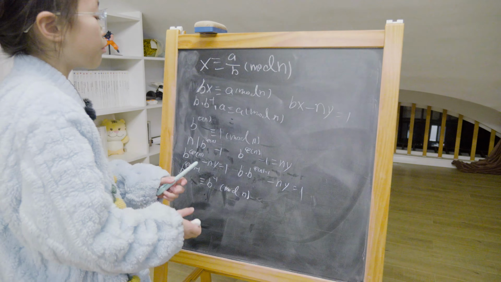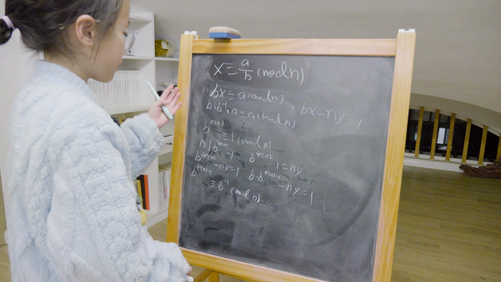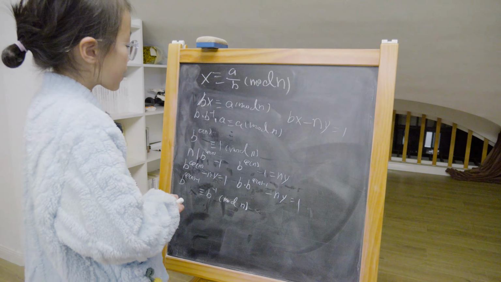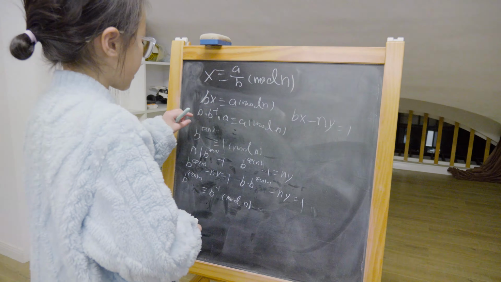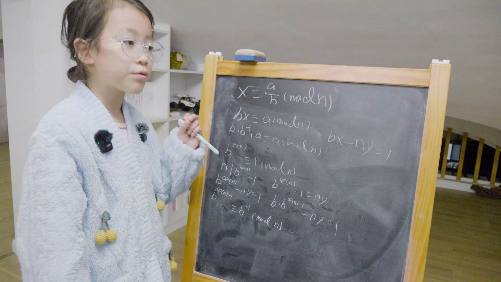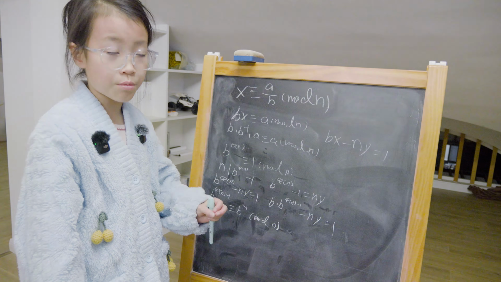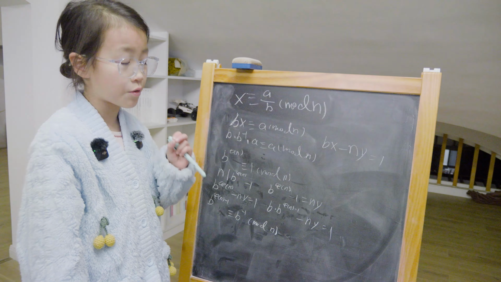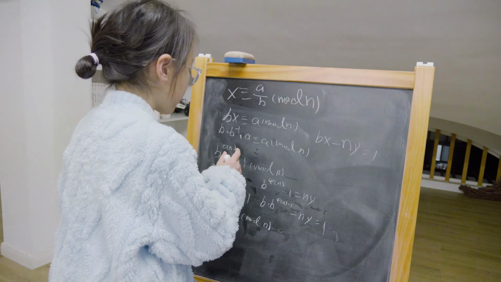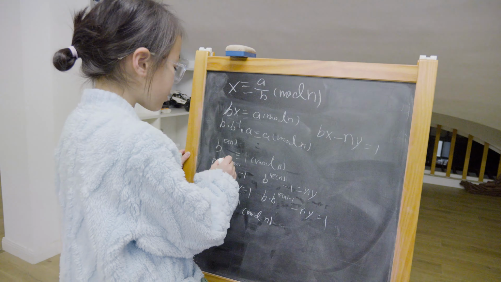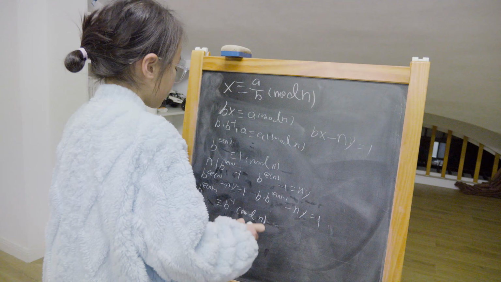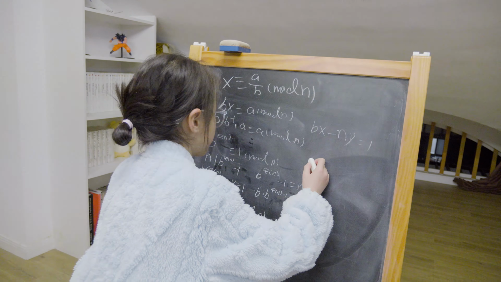Now let's go back to the intuition. We talked earlier that b to the negative 1 can be represented by a fraction or an integer, because this is modular arithmetic. So we multiply both sides of Euler's theorem by b to the negative 1.